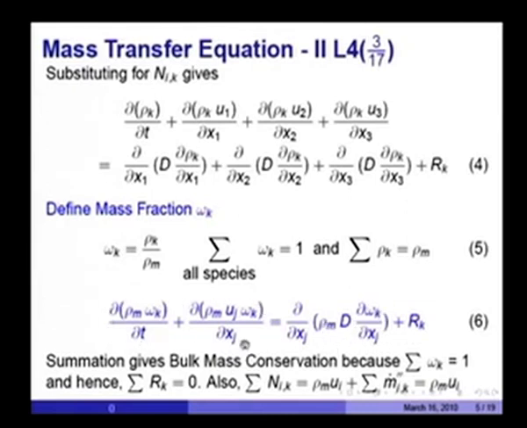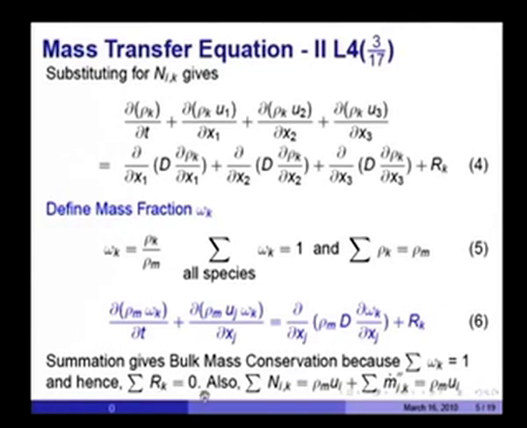You will recognize readily then that in the absence of omega k, the left hand side is simply the bulk mass conservation and it equals 0. It follows therefore, that sigma r k must be 0. These two last deductions are very, very important.